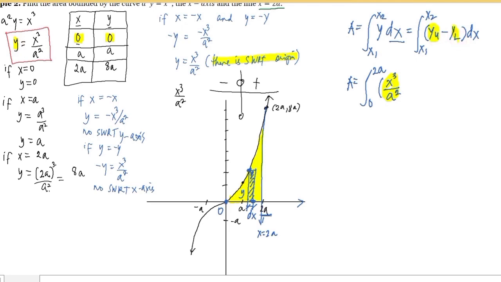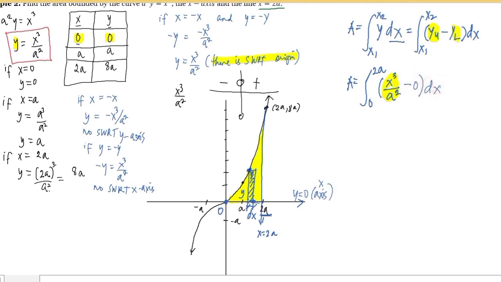While the lower y is, of course, our boundary below. What is our boundary below? Y is equal to 0, which is the x-axis. So our y low is equal to 0 because that is the x-axis.